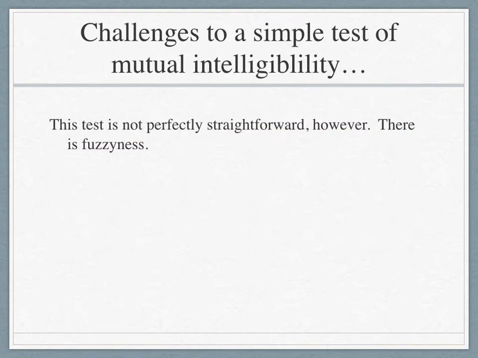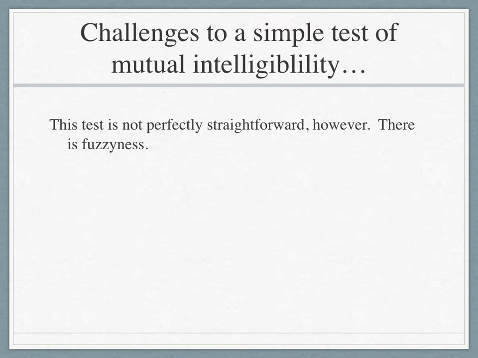Now, this sounds like a really nice litmus test to tell us if two linguistic varieties, two things, are dialects of the same language or separate languages. However, in the real world, it actually gets pretty fuzzy.